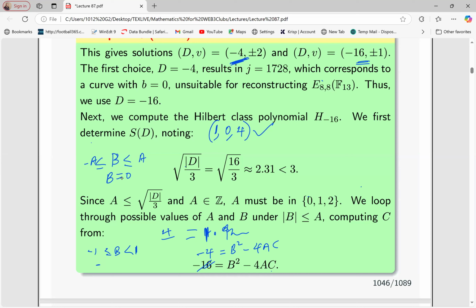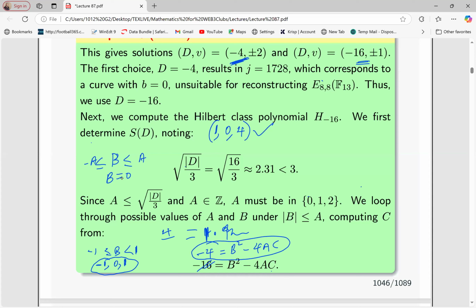So that means B is supposed to be negative 1, 0, or 1. Any of these, or two of these, or even all of them, but we have to consider each one of them to see whether it will be correct. Let's see which one it is. Let's take negative 1. And this is the equation we are now using.